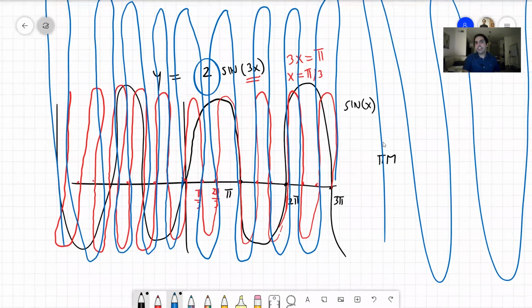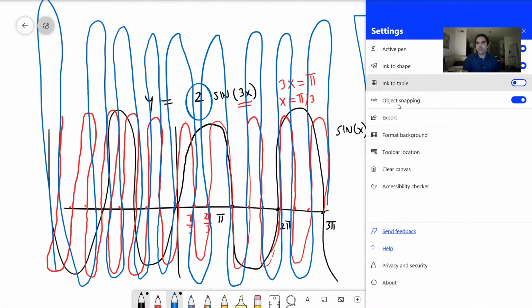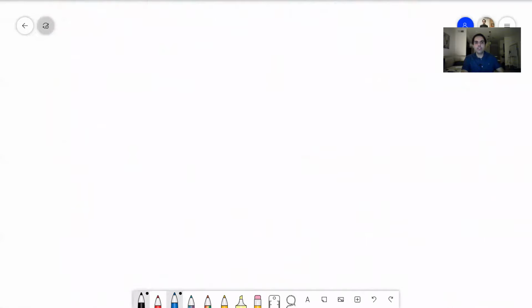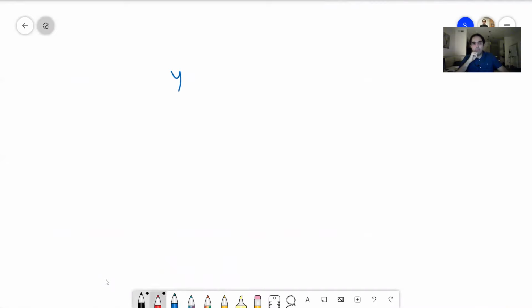That was one thing. Last but not least, there's some jargon with sines and cosines. So, and again, let me give an example of this. How about y equals 3 times sine of 2x plus 5.